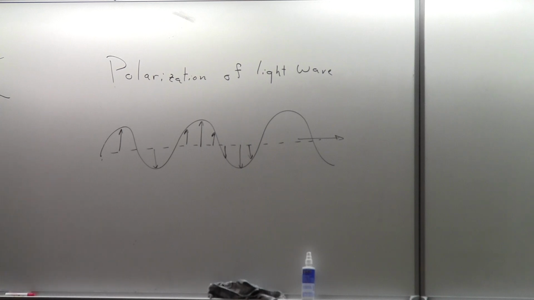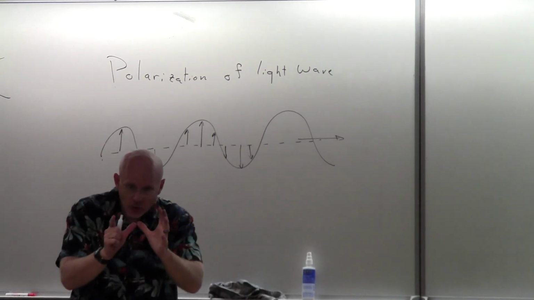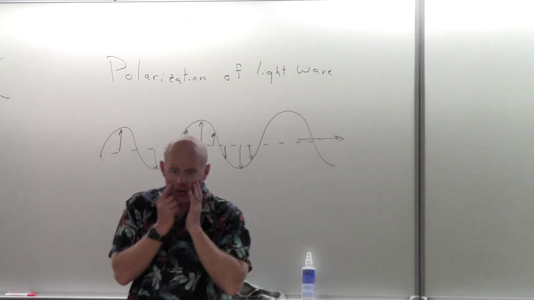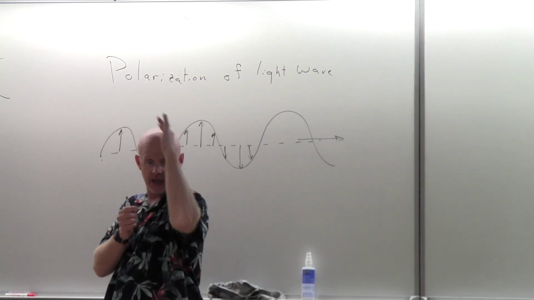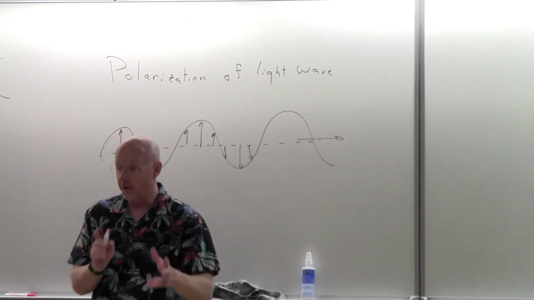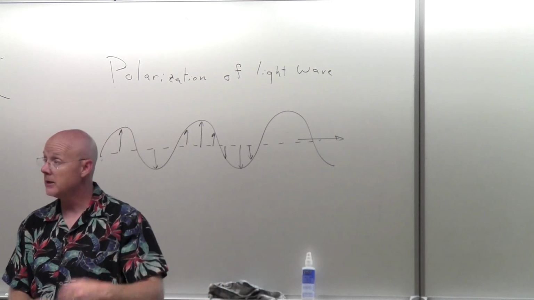Light is polarized. As the light goes to your eyes and comes towards you, it has to be generated. It could have been generated so that the electric field was oscillating this way. If it does, I would call that vertically polarized light.